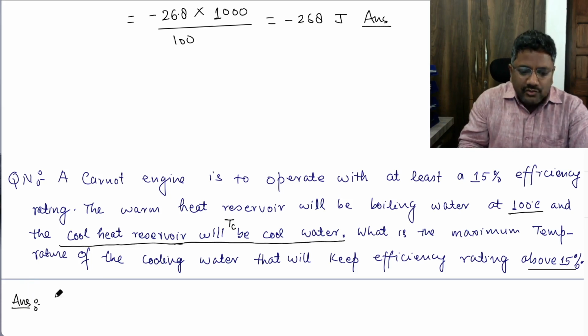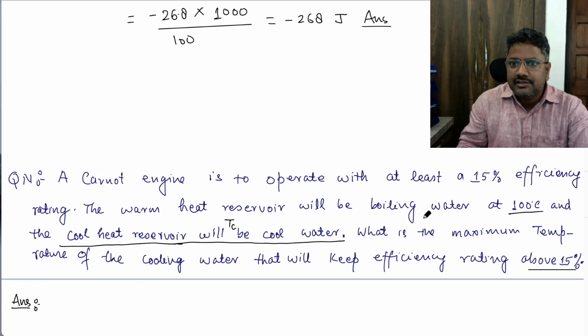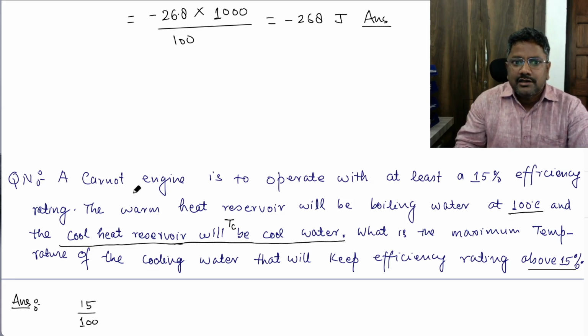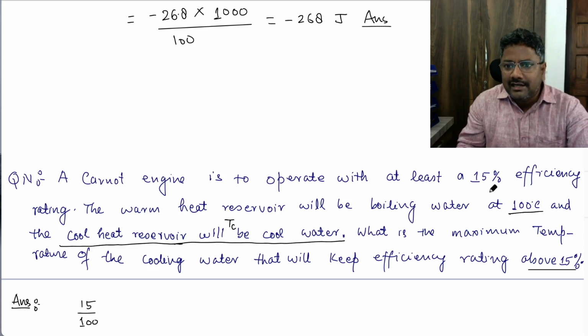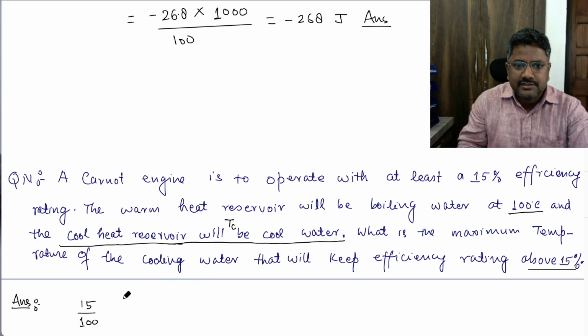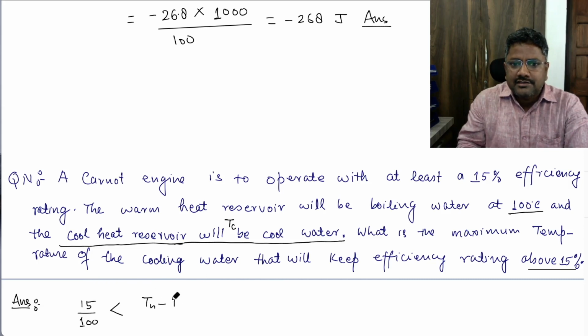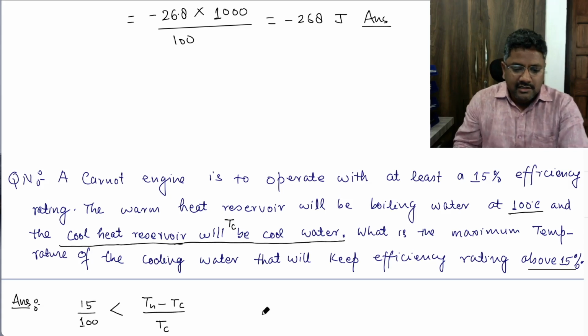Answer. So efficiency is 15%. So 15 by 100. So the Carnot engine operates with at least 15% efficiency. So this is 15%, lesser sign here, and here (Th minus Tc) by Th. This you can use, right?